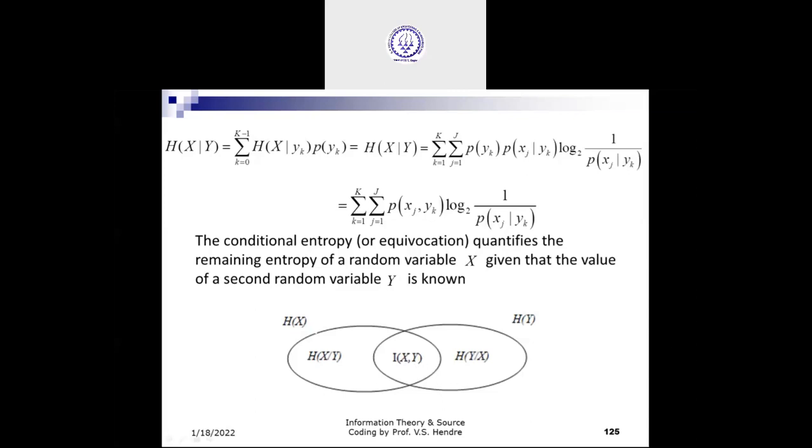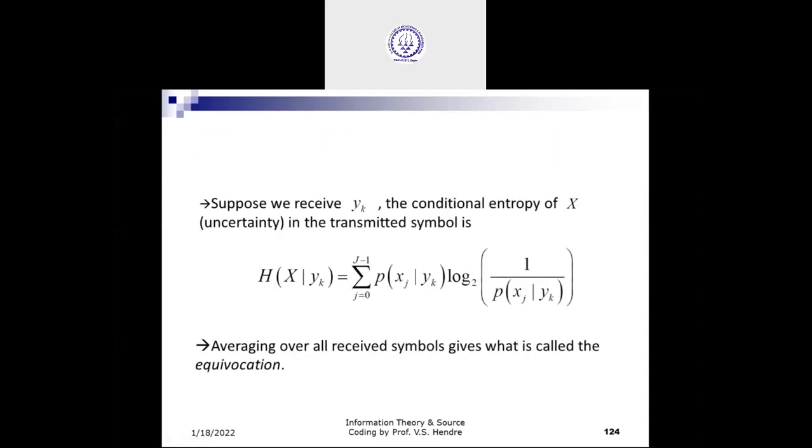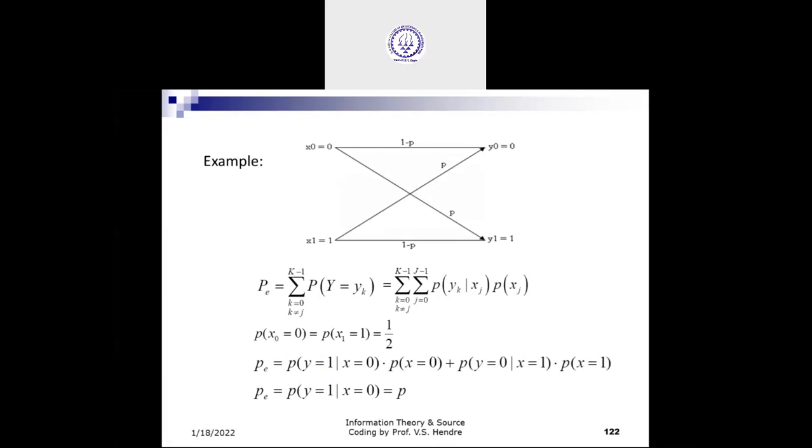So from the probabilistic knowledge we have discussed here, we want to define different types of entropies: entropy for the transmitter H of x, entropy for the receiver H of y, entropy for x given y, entropy for y given x, and mutual information I of x comma y. All these 5 definitions we want to make from the knowledge of the probability that we have understood for any particular type of channel.